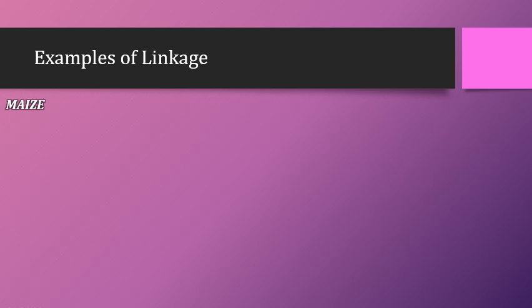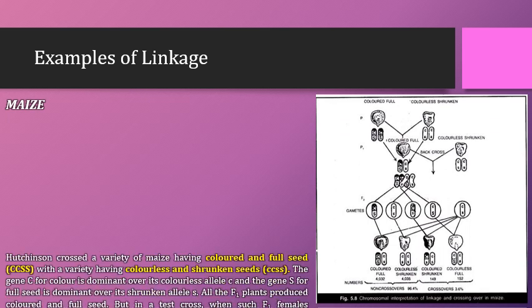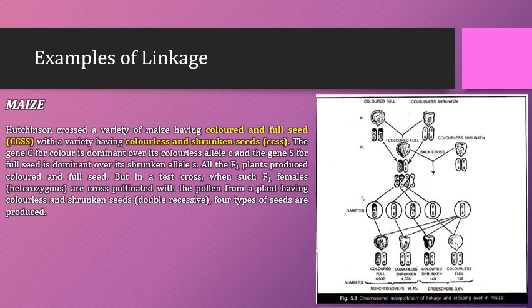The first example of linkage is about maize. Hutchinson crossed a variety of maize having colored and full seed, with genotype capital C, capital C, capital S, capital S, with a variety having colorless shrunken seeds, that is small c, small c, small s, small s.